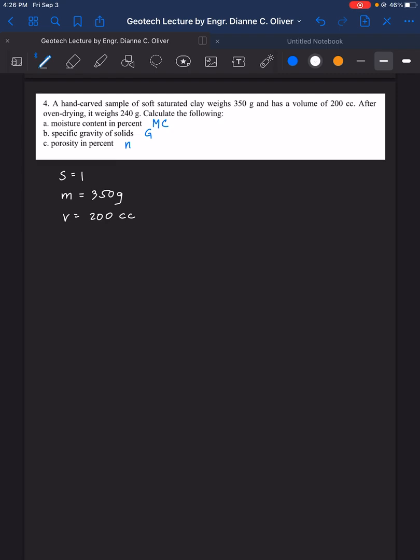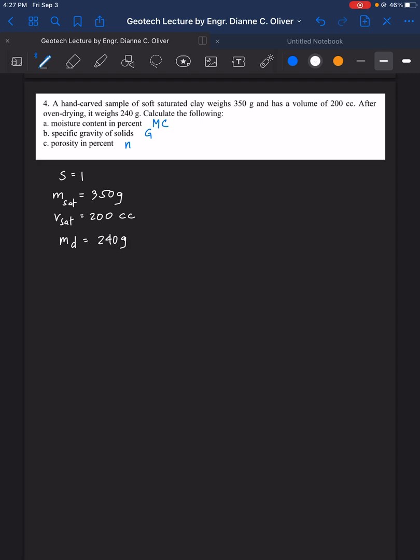After oven drying, so you dried it. This is saturated, SAT. After oven drying, the weight now becomes, so MB, that is 240 grams. You remove the water.